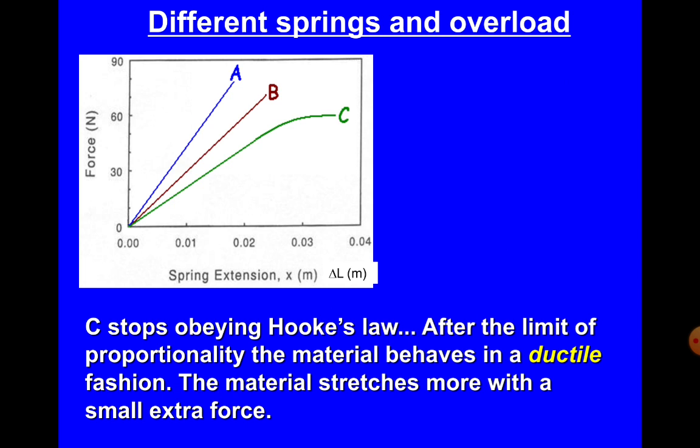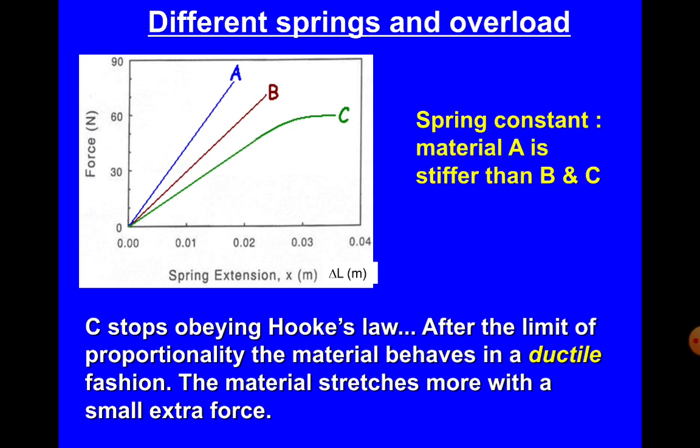In the beginning it follows a nice straight line, and then by adding a little bit more load, it will stretch way more. That means the material is going to deform. Yeah, and we say it behaves in a ductile fashion.